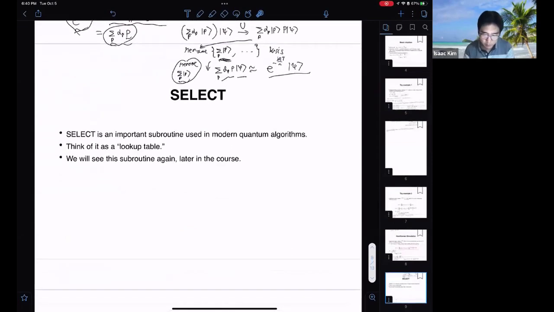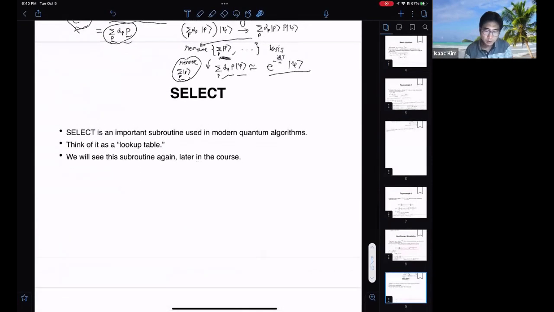I will tell you more about how that works, but I think it's good to talk about the main subroutines in this business, because they are used quite frequently these days, and they play an important role in understanding the linear combination of unitaries. There are two subroutines. One is called the select subroutine, and the other is called the prepare subroutine.